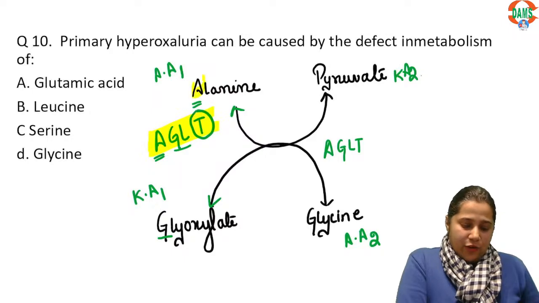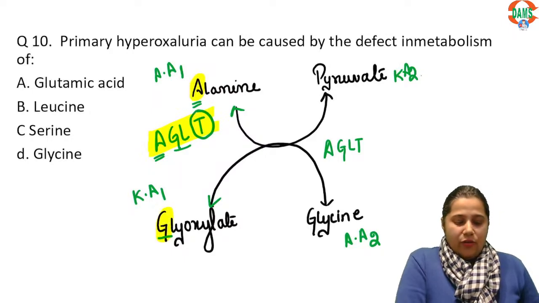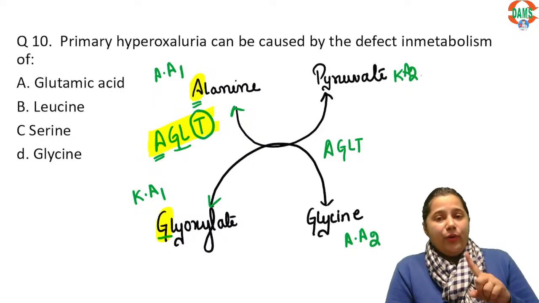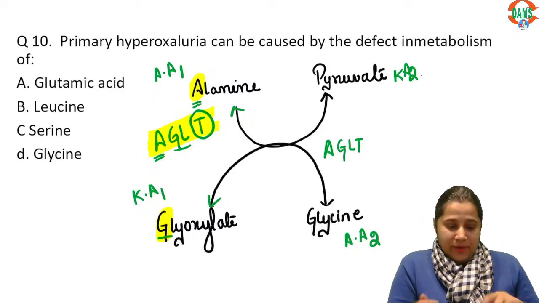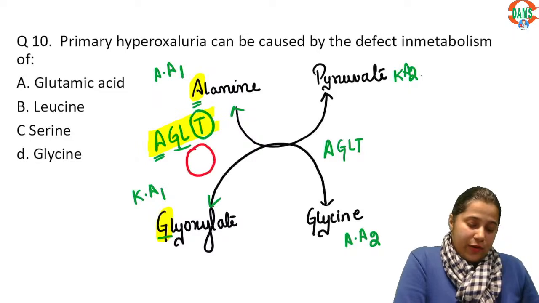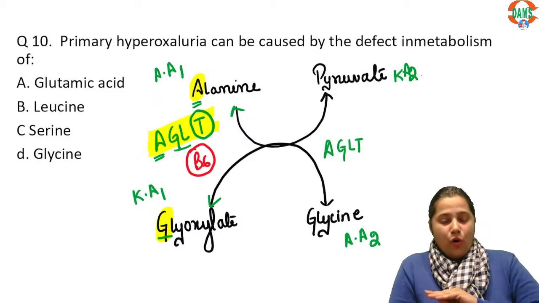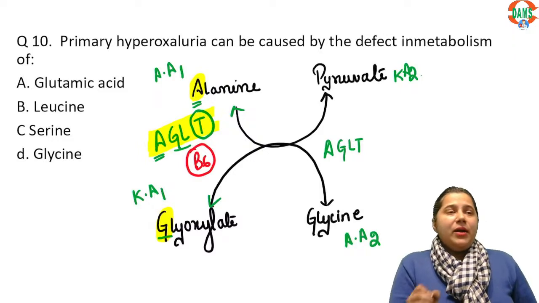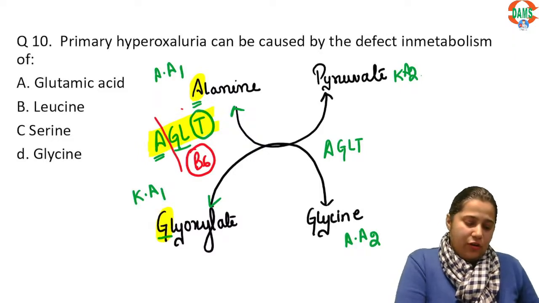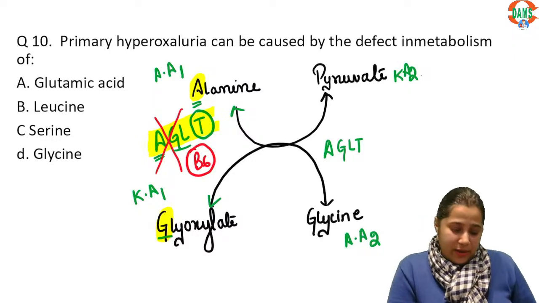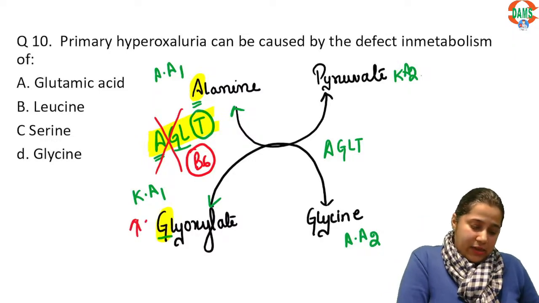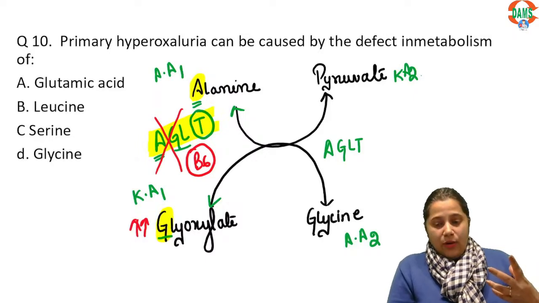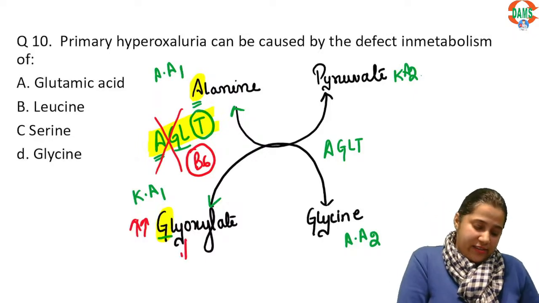This will require vitamin B6. All transamination reactions require vitamin B6. But if there is a mutation of this enzyme, there will be an increase in glyoxylate. When glyoxylate accumulates, it will form oxalic acid.